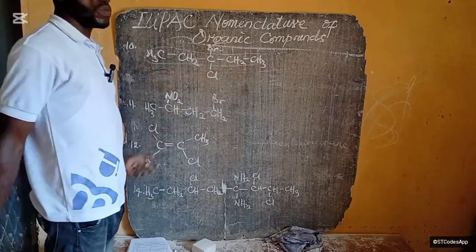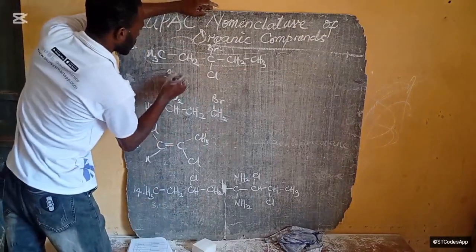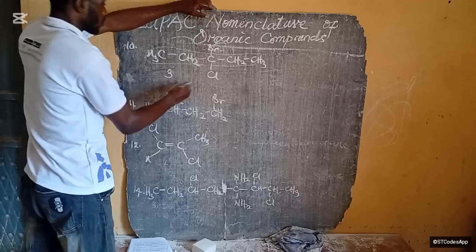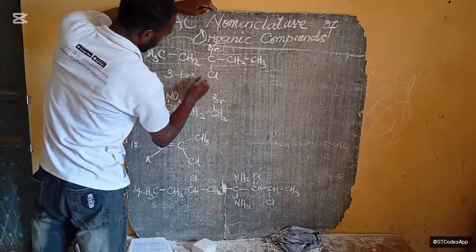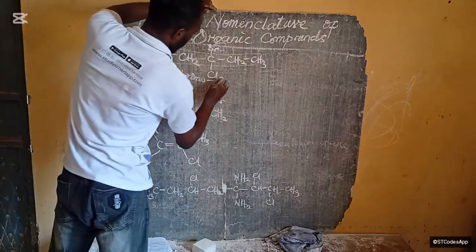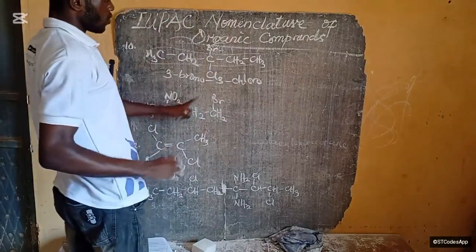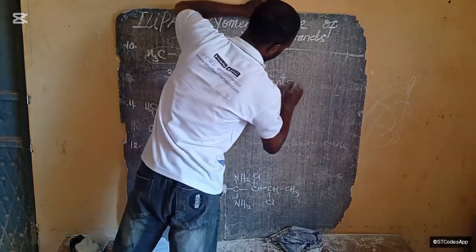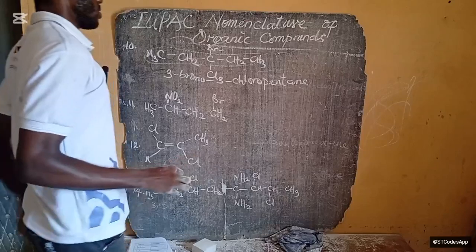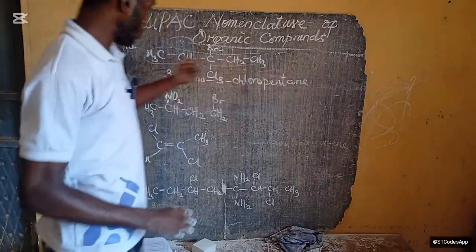If you count from here, it's on carbon 3, if you count from here, it's on carbon 3. So we have 3. Now, bromo will come before chloro alphabetically. So that will be 3 bromo, 3 chloro, pentane, pent because of 5 carbons, ane because of single bonds all through.